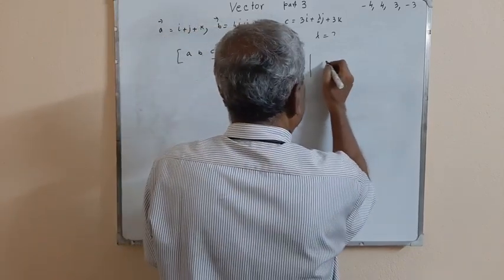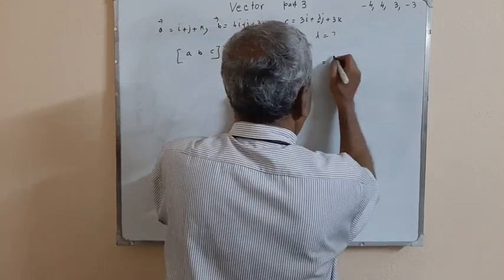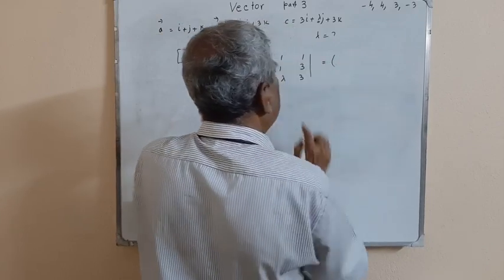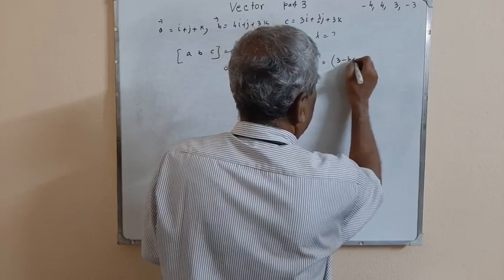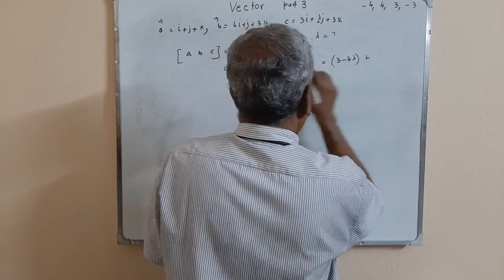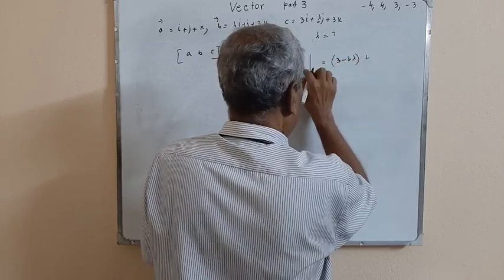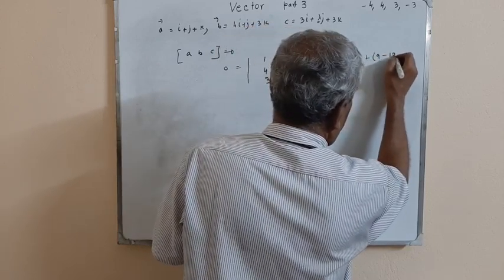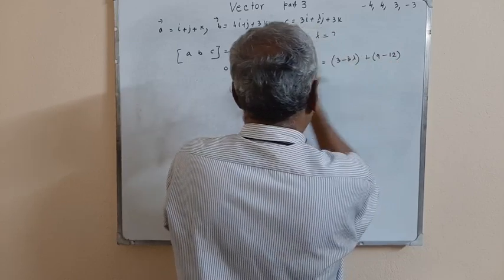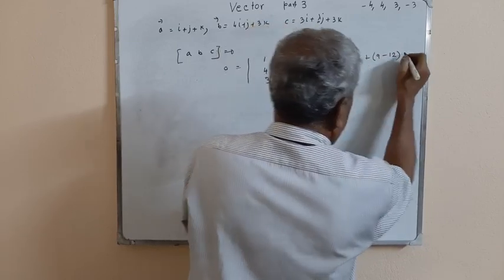Now simply expand about the first row. It is 1 into 3 minus 3 lambda, plus 1 into 9 minus 12, plus 1 into 4 lambda minus 3.